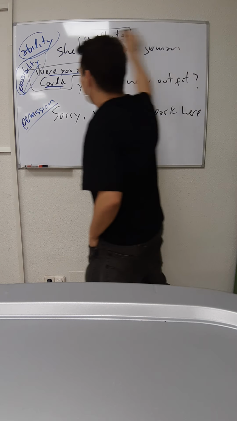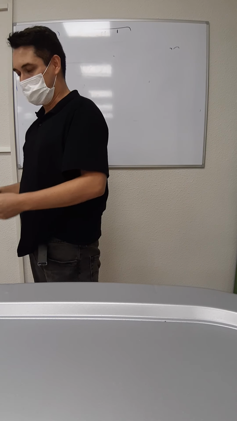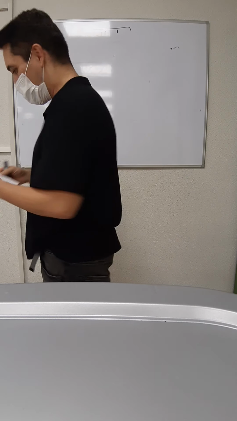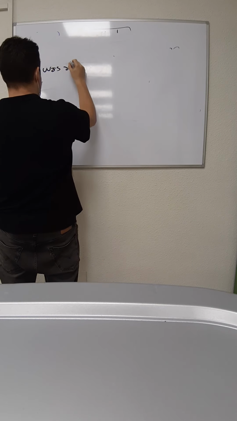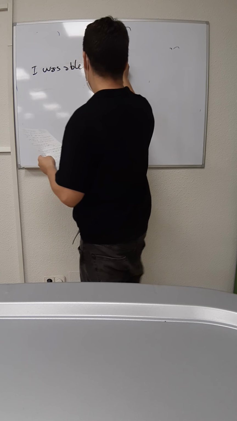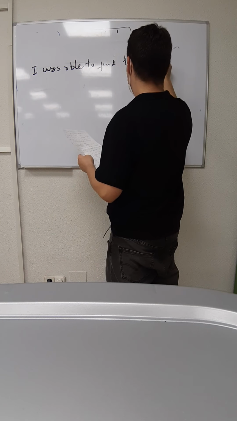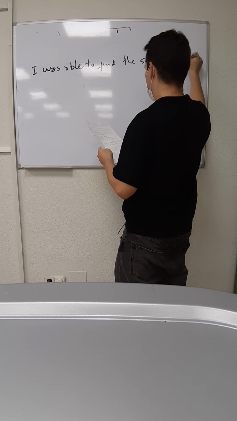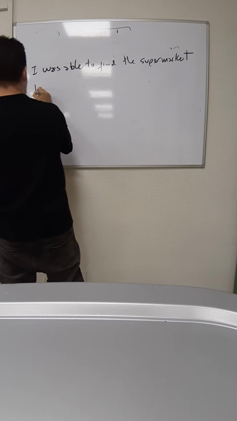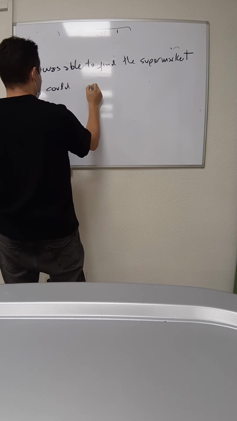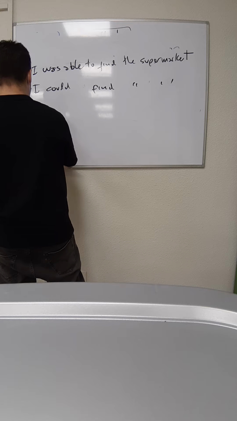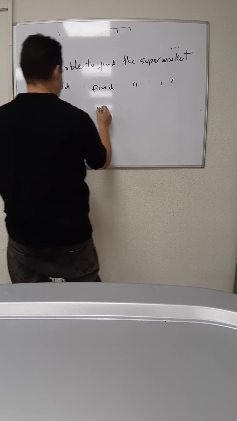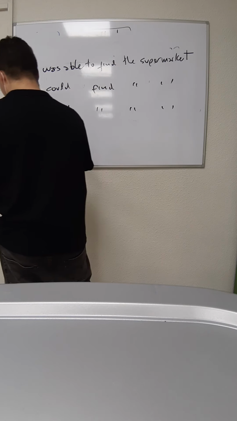Okay, next. Now I'm going to give you five sentences. One of them is wrong. I want you to detect it. I was able to find the supermarket. Another one. I could find the supermarket. Another one. I couldn't find the supermarket. Another one.